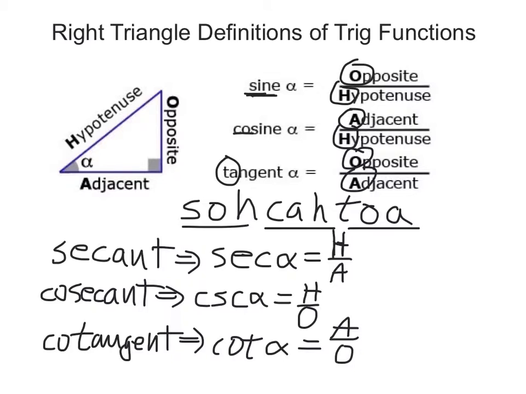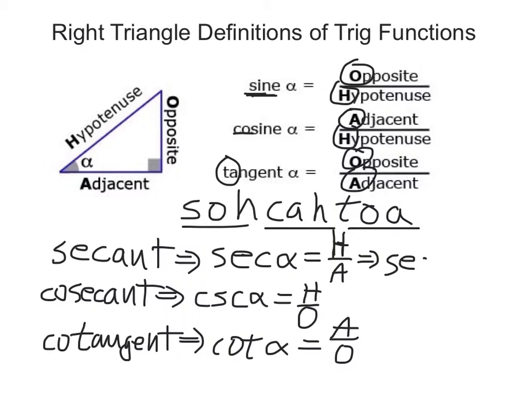Okay. Now, these last three, for me, it's a whole lot easier to keep it in terms of sine and cosine and tangent. And by definition, these can be immediately turned into the reciprocal of one of those first three.